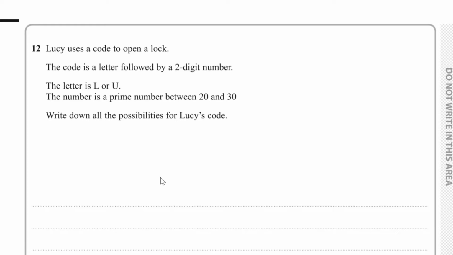So first of all, over here, the prime numbers between 20 and 30, those are 23 and 29.